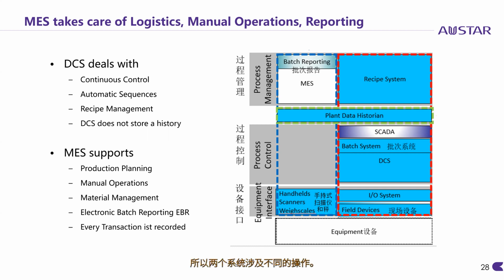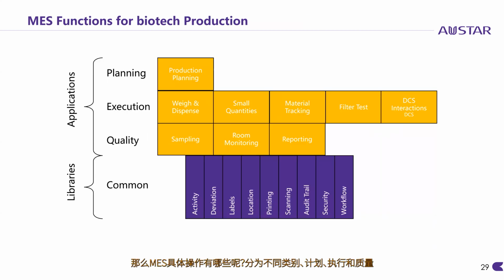Now, what are the operations that MES specifically supports? They fall into a number of categories like planning, execution, and quality. Execution would be weigh and dispense. This is taking bulk material from the warehouse and dividing it into small portions that can be applied to the process.